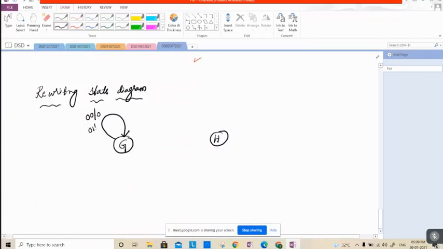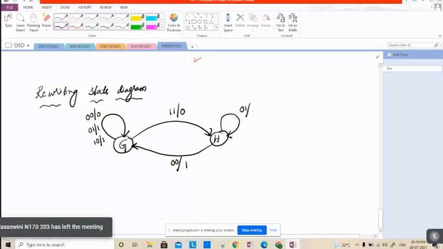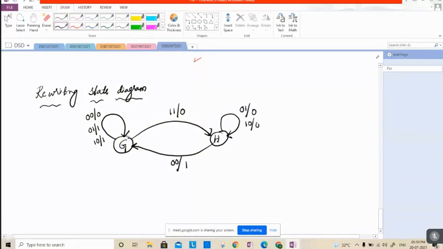Next is 01 by 1. 11 by 0, 1. So whenever it is 11, 0. This is 00 by 1, 1. And this is 01 by 0, 0. 10 by 0. 00, right. 11 by 1, 1. Okay, perfect.